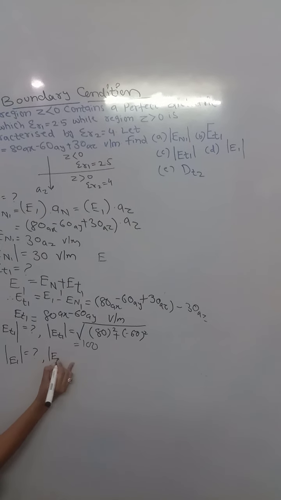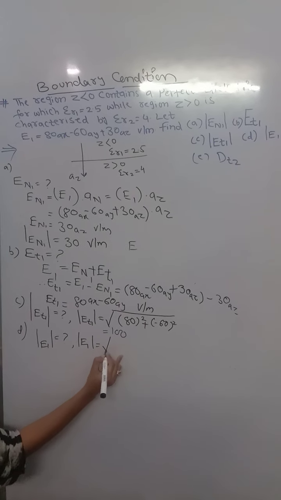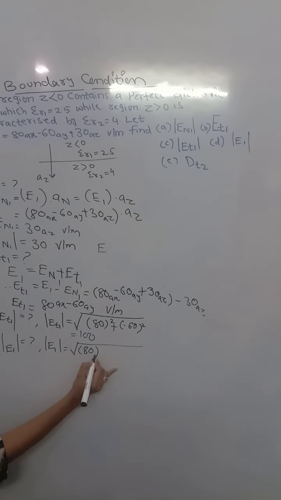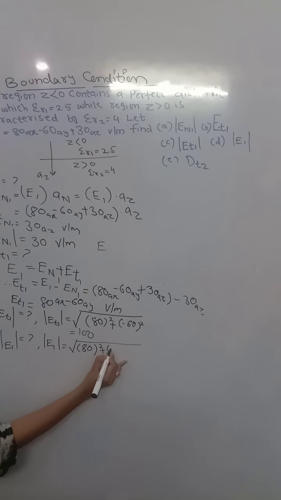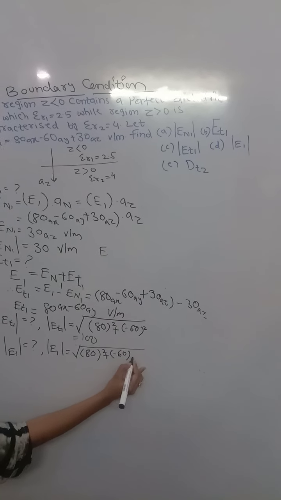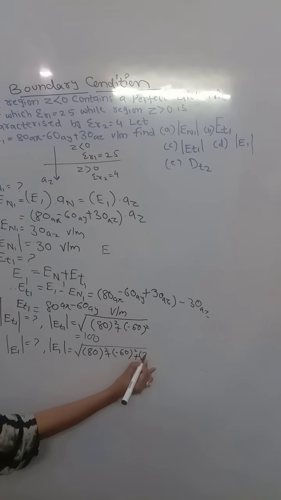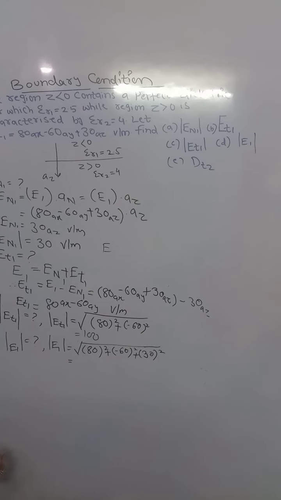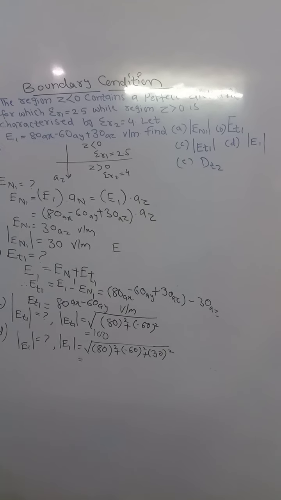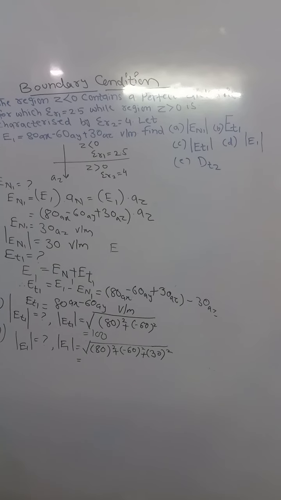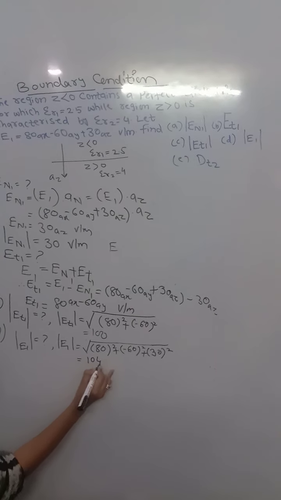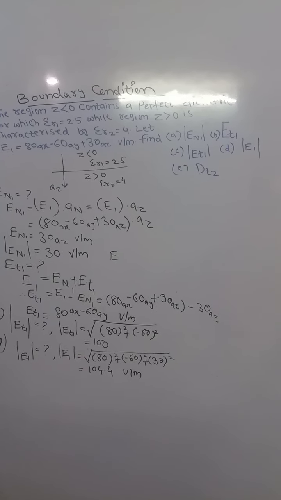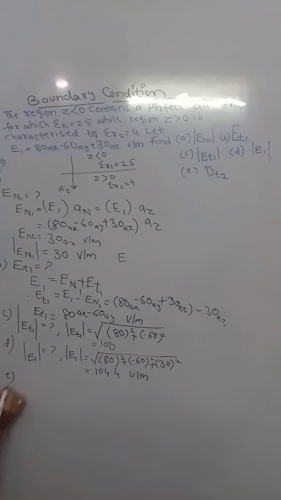Mod of E1 is equal to the root of 80 squared plus minus 60 squared plus 30 squared. With the calculator, you will find the answer is 104.4 volt per meter, which is my mod E1.